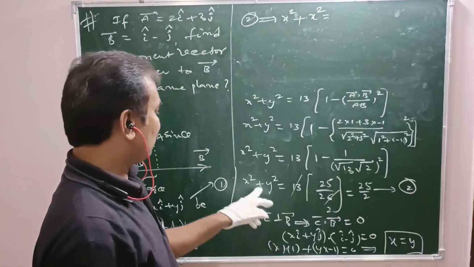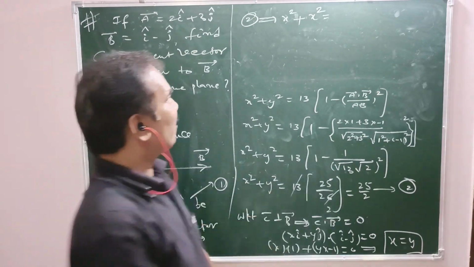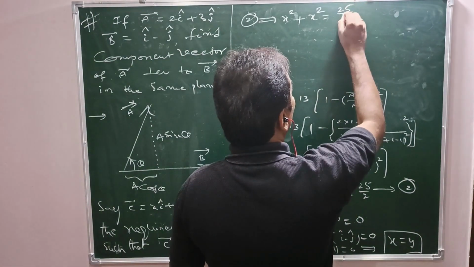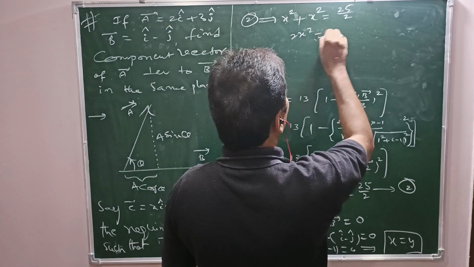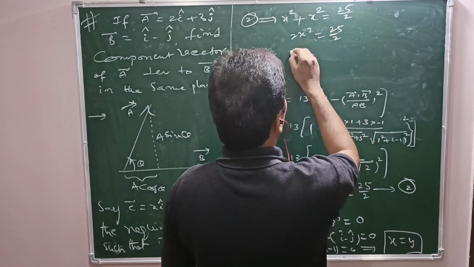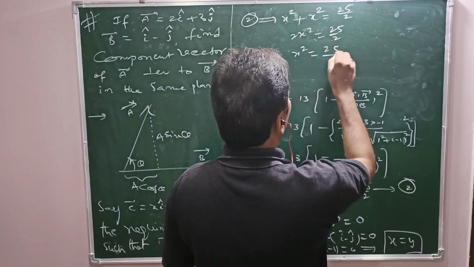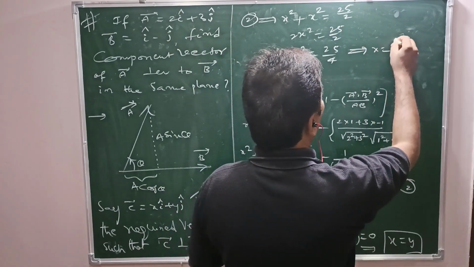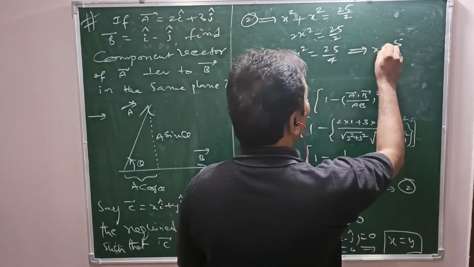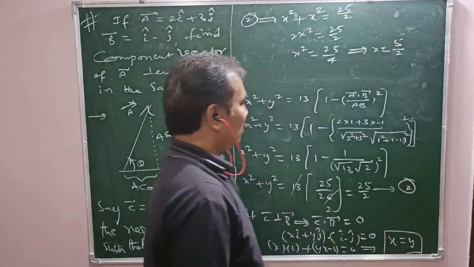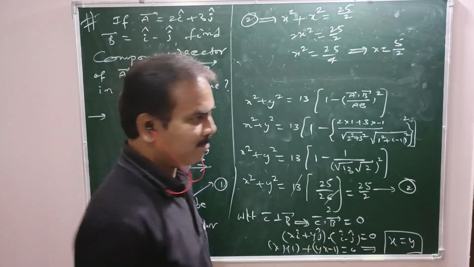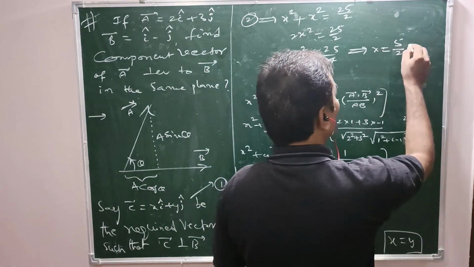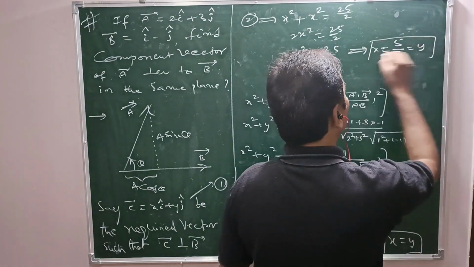Since y equals x, x square plus x square equals 25 by 2, that is 2x square equals 25 by 2. X square equals 25 by 4, which implies x equals root over 25 by 4, that is 5 by 2. Therefore x equals y equals 5 by 2.